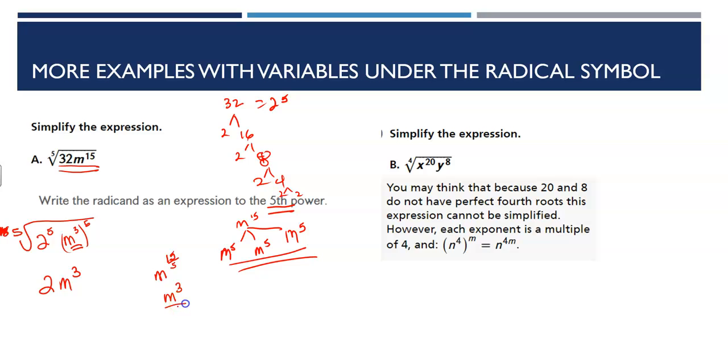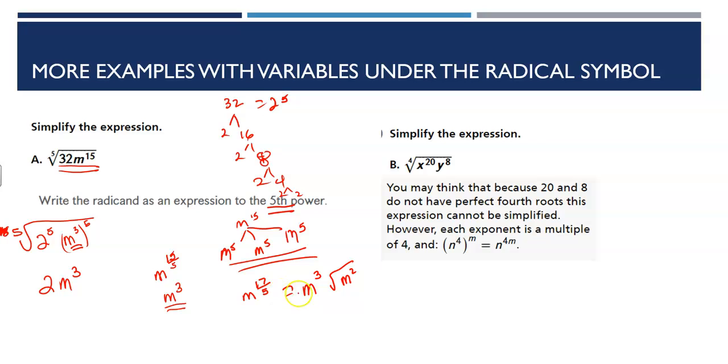And that works really nicely if your variable there, say it was m to the 17th, and you take that to the 5th, well, you're going to get m to the 3rd, right? But you're still going to have 2 of them left.